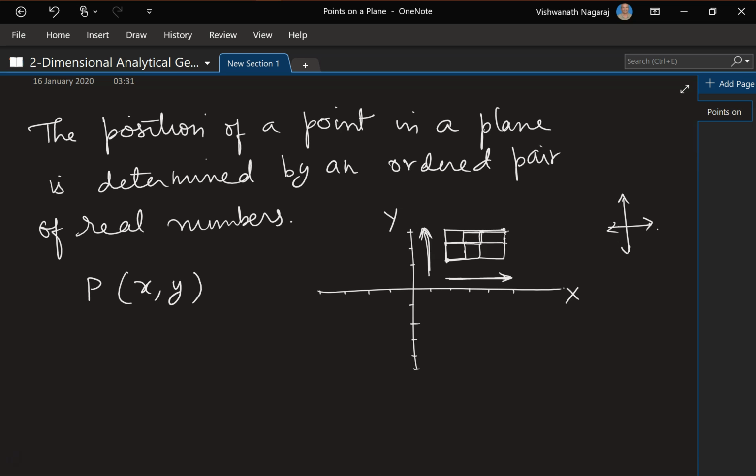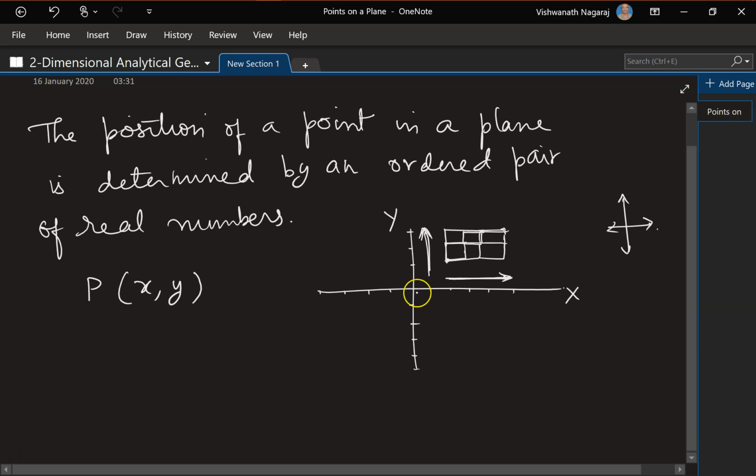Of course, we need to have a starting point of some kind. Since the real numbers we are talking of, there will be some positive numbers and there will be negative numbers, which means there has to be a zero somewhere, and we say that the junction of this x and y axis is the origin. Now this side we mark it as x and this side we mark it as x prime, y, y prime.